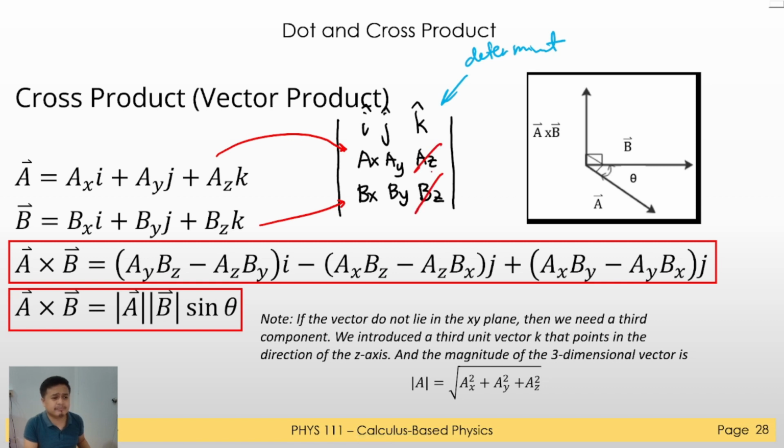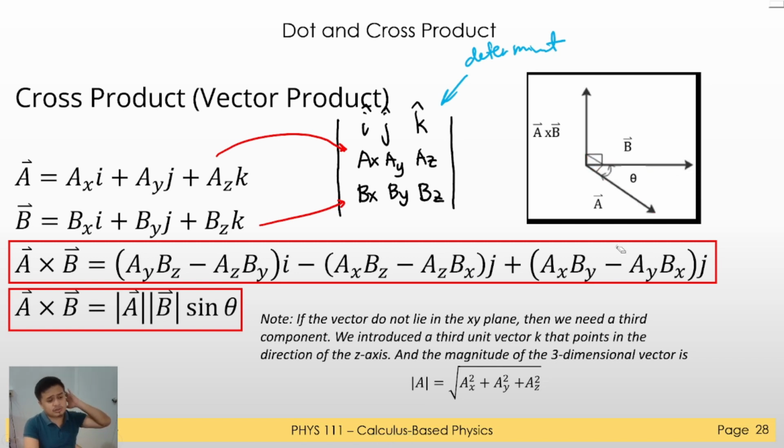Meaning you don't have this component, you will just add 0 and 0. Okay? So basically, if you have two vectors, the cross product of these two vectors should be orthogonal to both of the vectors. Or in other words, it is perpendicular to both. So as you can see here, let's say you have two given vectors, A and B, then it should be orthogonal or perpendicular, meaning we have a 90-degree angle in between.